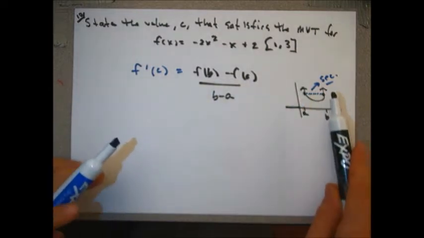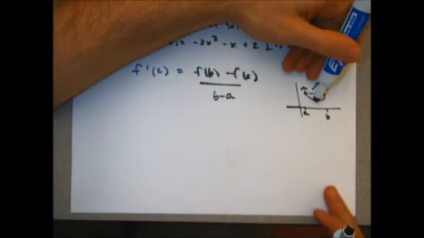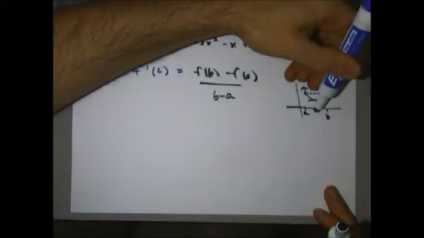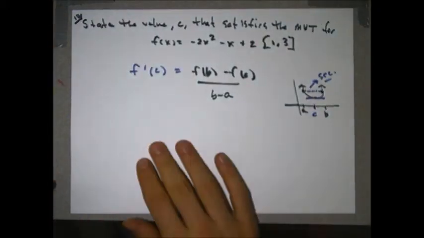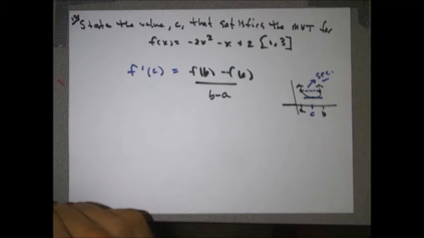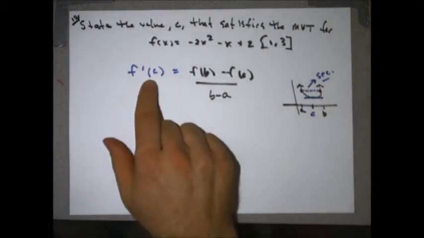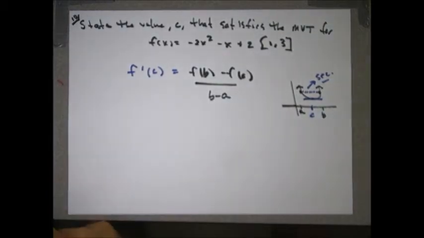If this is differentiable and continuous, then somewhere on here is a value c such that its tangent line would have the same slope as the secant line. So the tangent slope is f prime of c, because you find the tangent by taking the derivative.